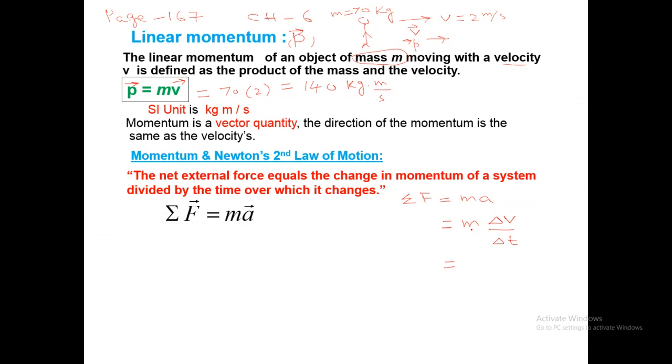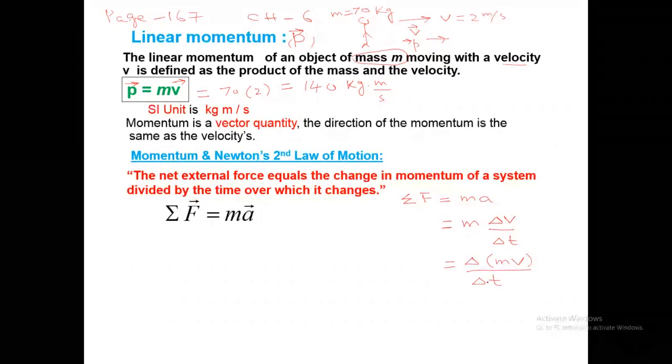The mass of the object cannot change, velocity can change. So that's why we have delta V, change in velocity. Since the mass cannot change, it doesn't make any difference if I keep it inside.